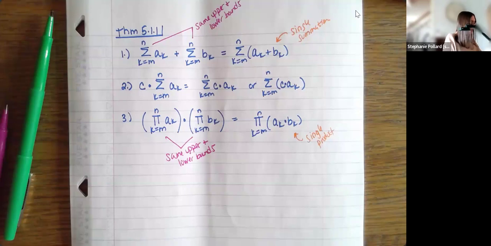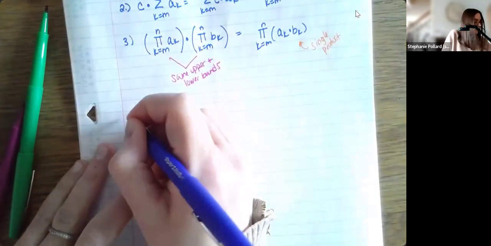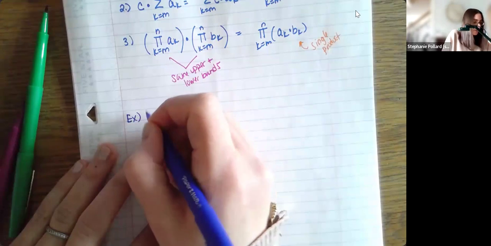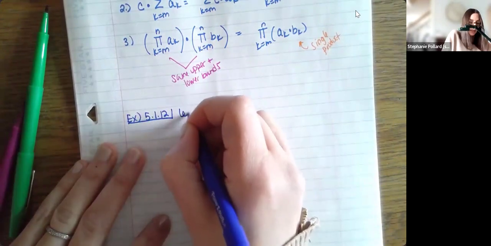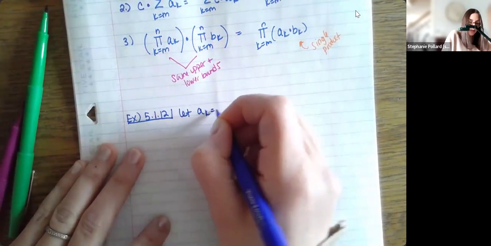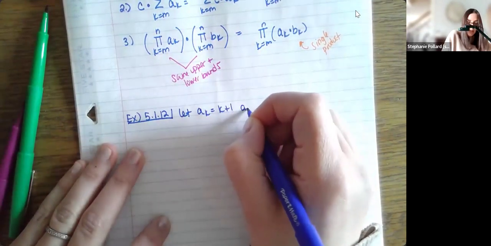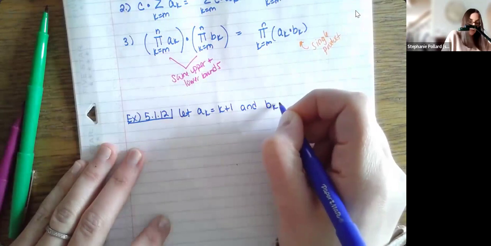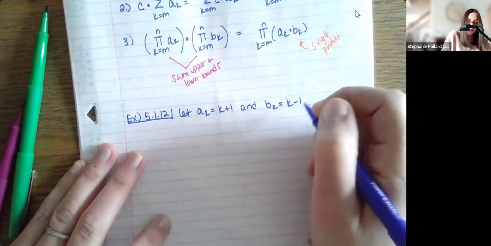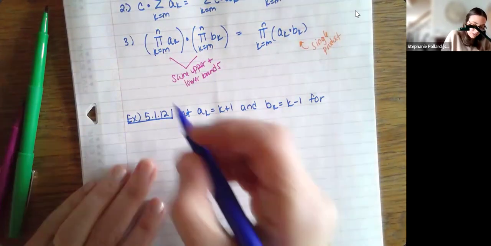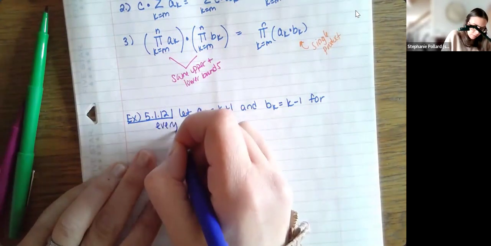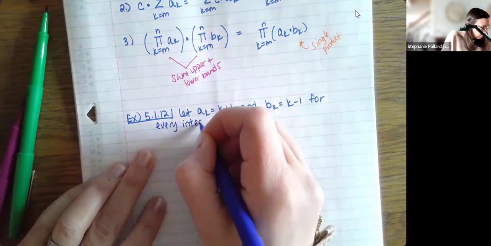Okay, so let's look at an example here. This is example 5.1.12. So we're going to let A sub k equal k plus 1 and B sub k equal k minus 1. And this is going to be for every integer k.